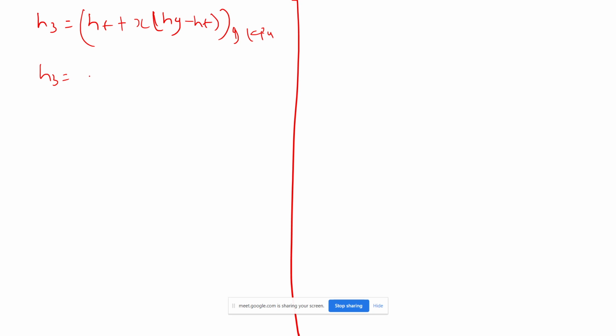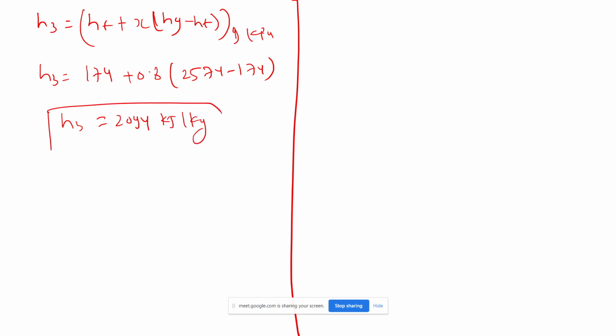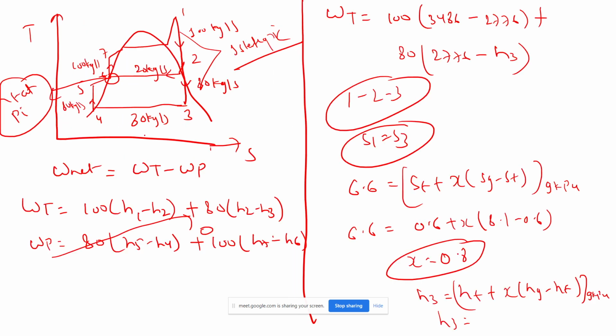HF is 174, plus 0.8 into Hg, which is 2574, minus 174. So what have you got? 2094 kilojoule per kg. Okay, now just put these values there and you will get the answer.